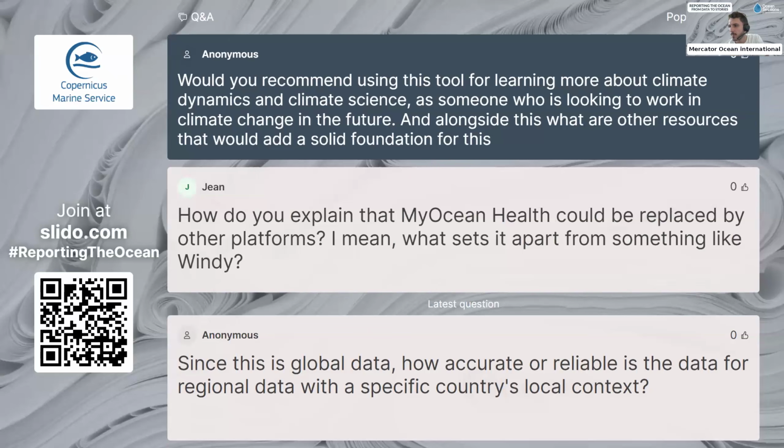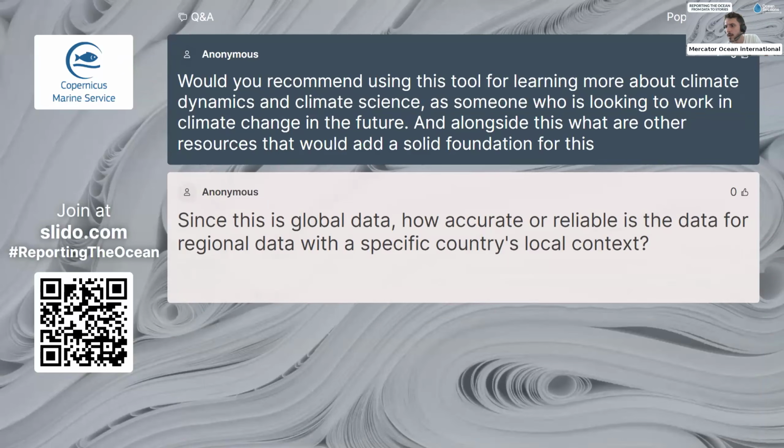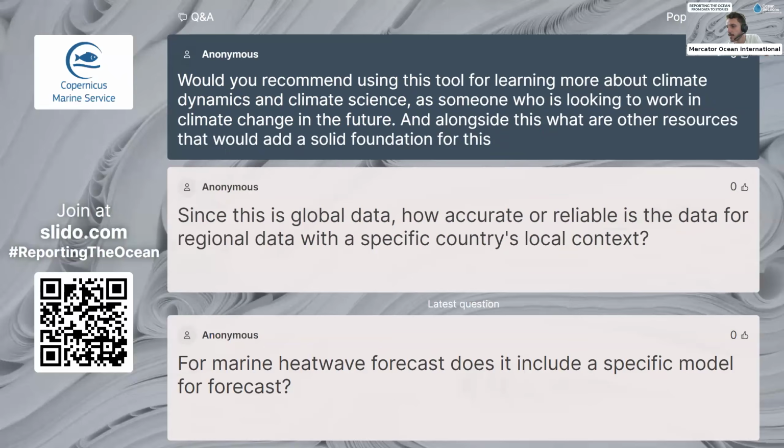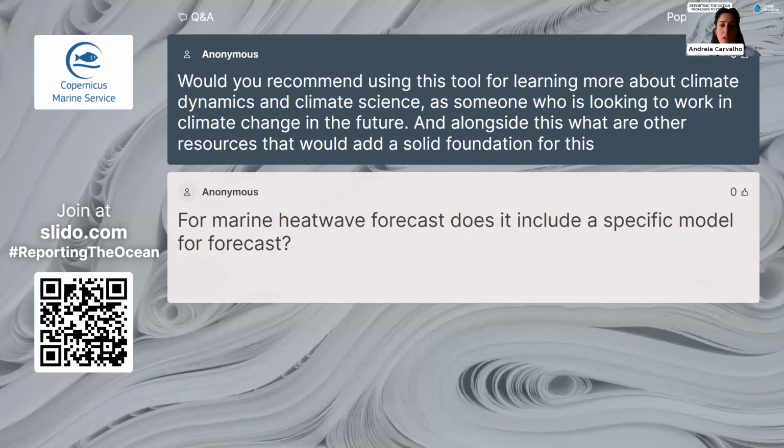For our next question, would you recommend using this tool for learning more about climate dynamics and climate science as someone who is looking to work in climate change in the future? And alongside this, what are other resources that would add a solid foundation for this? For the second part, definitely what is coming next. I think Tony will tell you a bit more about that.